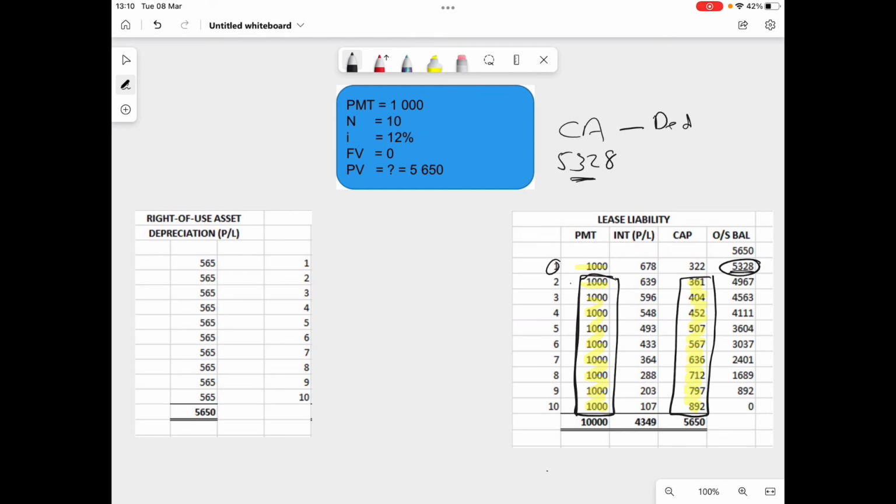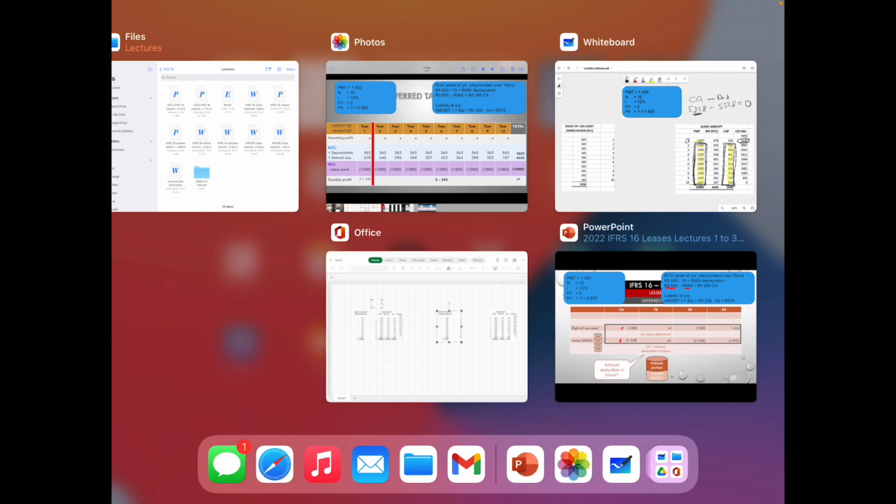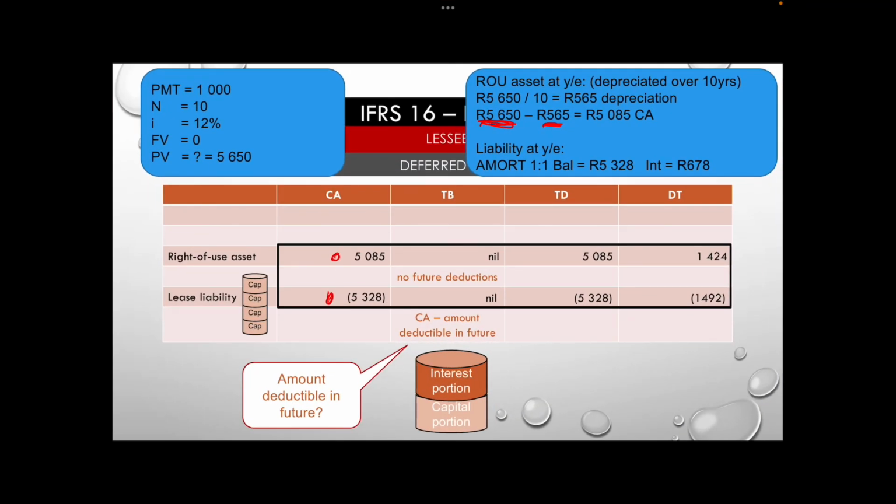And now we can see that the full 5328 will be deductible in future when we deduct the full lease payments in future. So the full 5328, the capital portion, will be deductible in future. Therefore, the tax base will be 0. Okay, so that's why our lease liability tax base is 0.